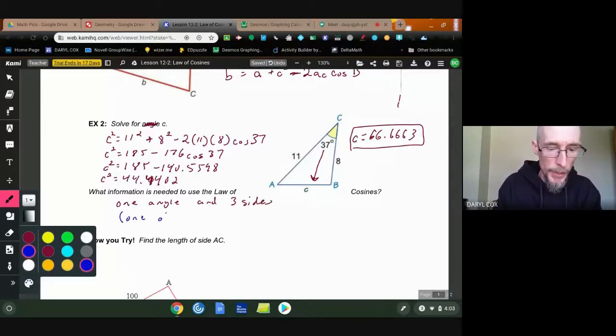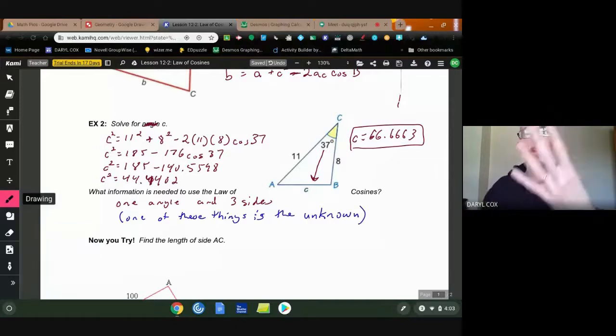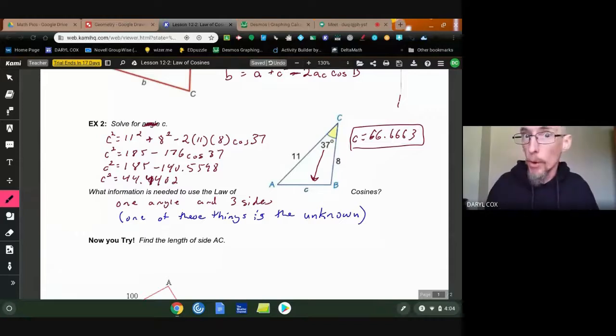One of these things is the unknown, or what we're looking for. Even though there are four things, any one of those four could be my variable. The other three have to be numbers I know. They don't have to be whole numbers, but they have to be some form of number that I know.